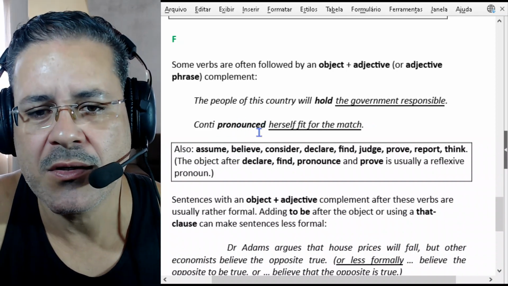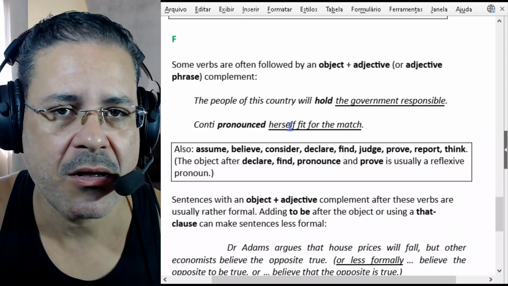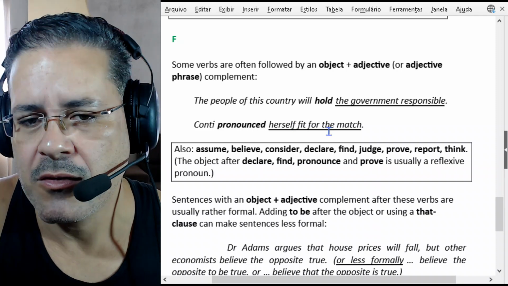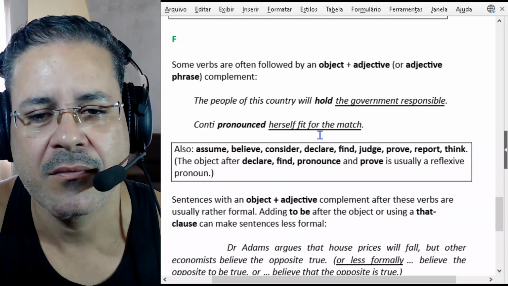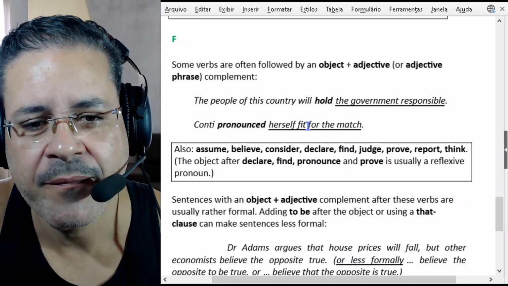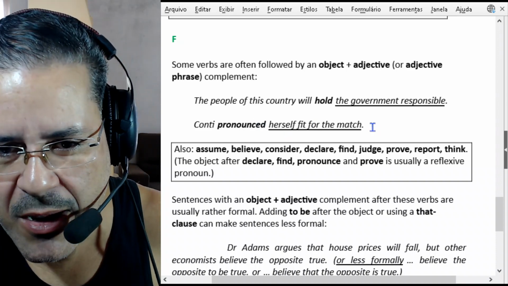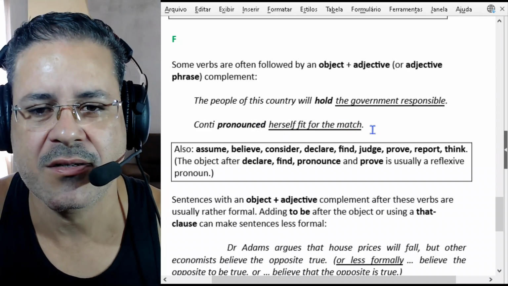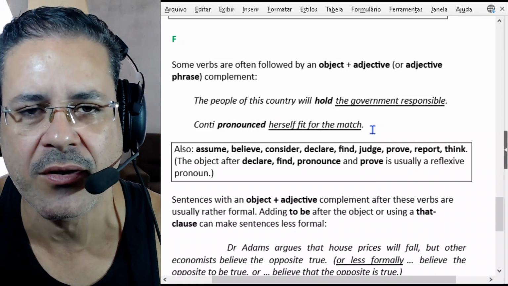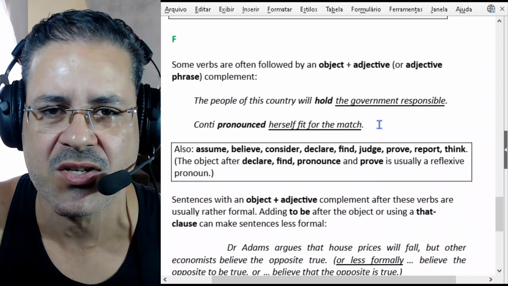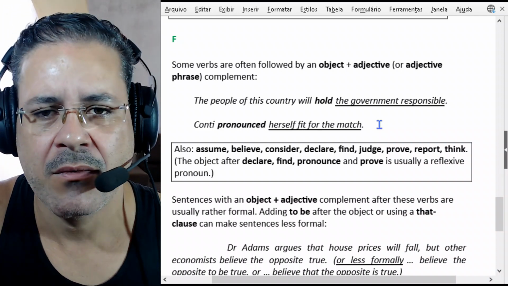She pronounced herself fit for what? For the match. Conti pronounced herself fit for the match. It doesn't matter for us the order of events. What's important is to understand the relation between the subject, the object, the complement, etc.